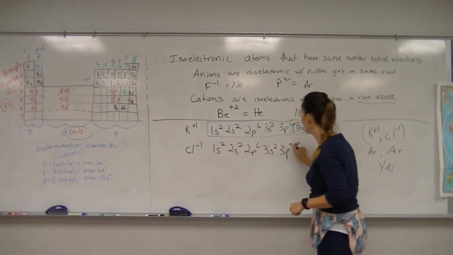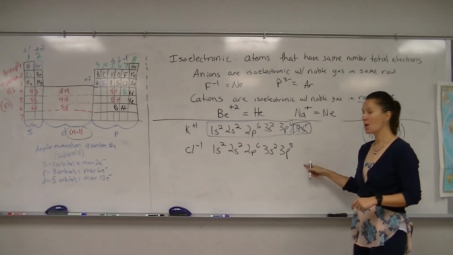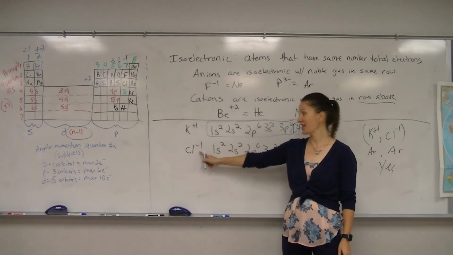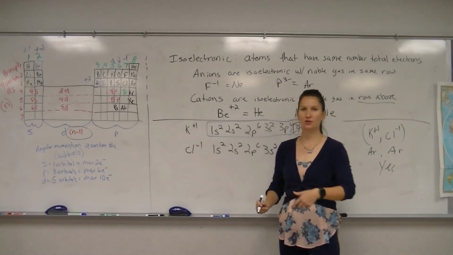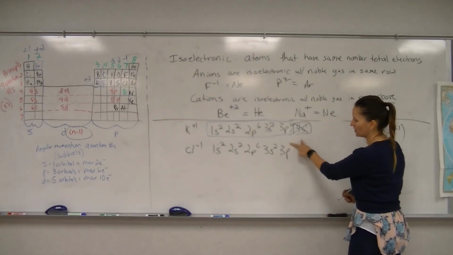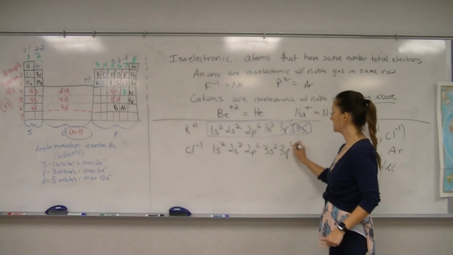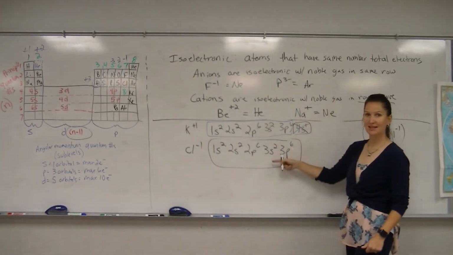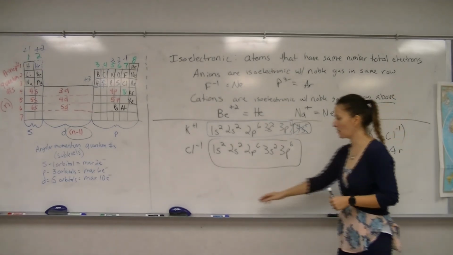This is its neutral configuration. But we're not looking at the neutral, we're looking at when it has a negative charge. And that negative charge says you have an extra electron, chlorine. So instead of 3p5, I'm going to add an extra electron, and it's going to be 3p6. Notice, exactly the same.